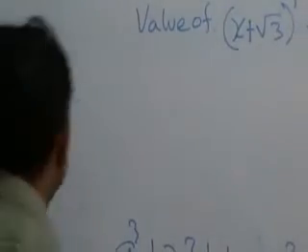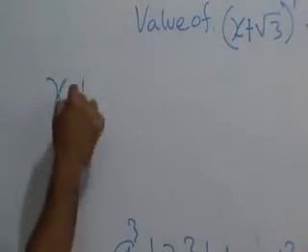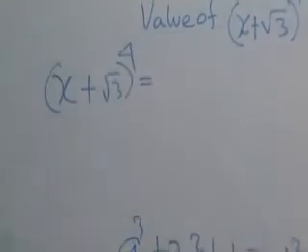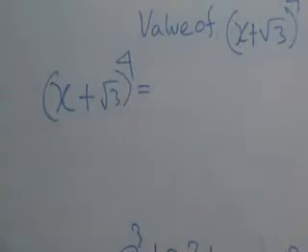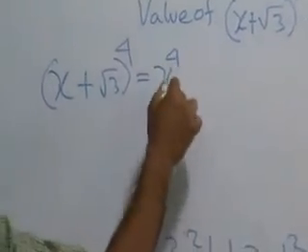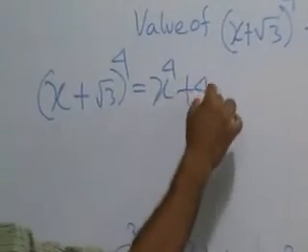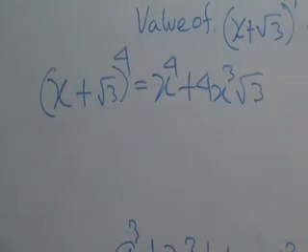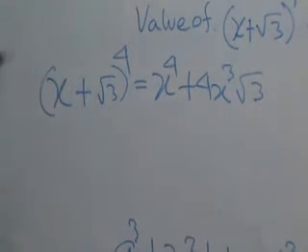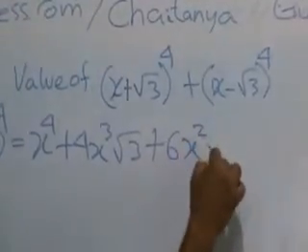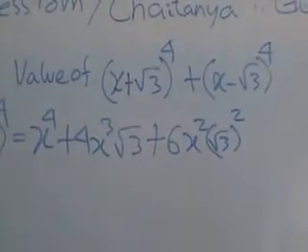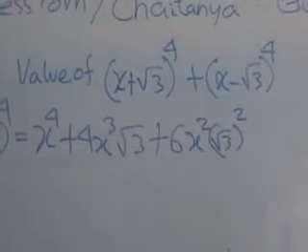So we easily know that x plus root 3 to the power 4 is equal to x to the power 4. All are plus, so 4 x cube root 3, yes? Then 1, 4, then 6 x square root 3 square, the total is always 4.